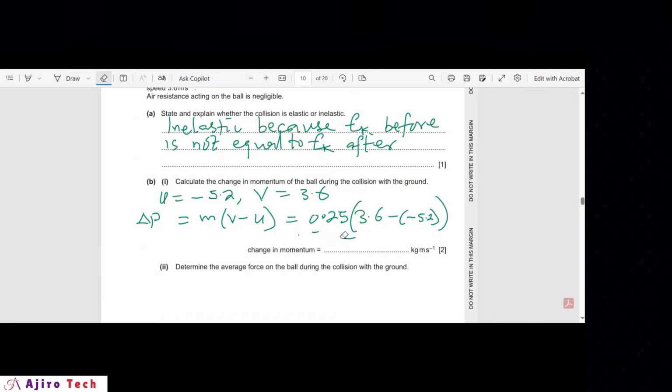Let me write it here. So it's giving 0.25 and 3.6 plus 5.2. Now, putting into calculator, it's giving me 2.2.